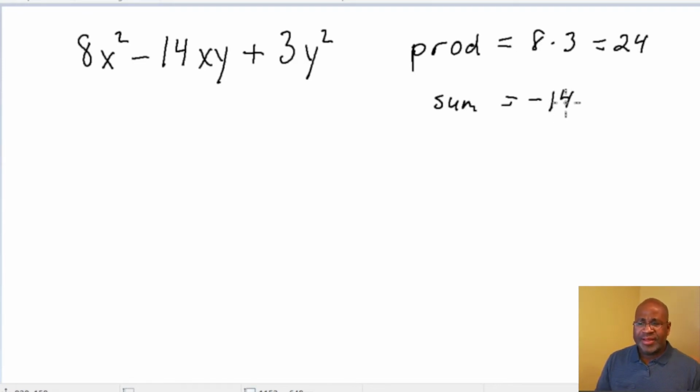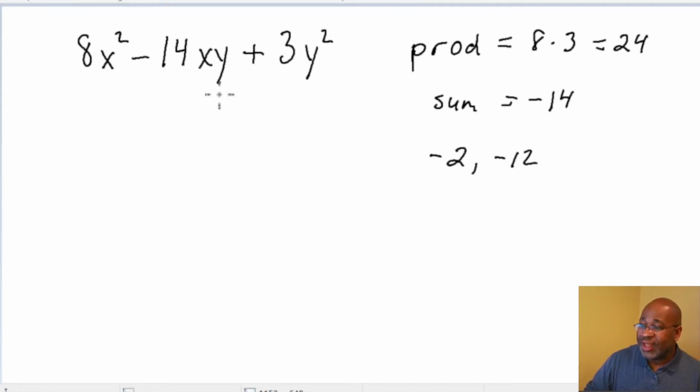Now here, since the sum is negative, but the product is positive, this tells us that the two numbers we're looking for will both have to be negative. And in this case, that's going to be true because the two numbers that would fit here would be negative 2 and negative 12. So we see that the two numbers here would work because negative 2 times negative 12 is equal to positive 24, and negative 2 plus negative 12 gives us negative 14.